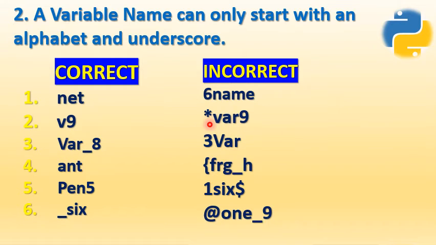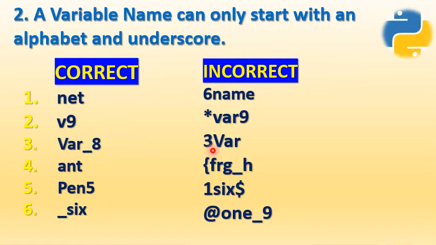Since my asterisk is at the start, it doesn't matter. I know that the asterisk is a special symbol and special symbols are not allowed anywhere in a variable name. So that's why it is incorrect. In my third example, I use var_8. It includes alphabets, an underscore and a digit, and the first letter of my variable is an alphabet. So it is correct.